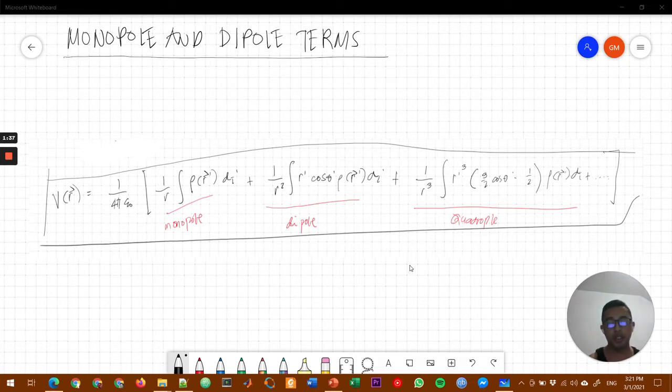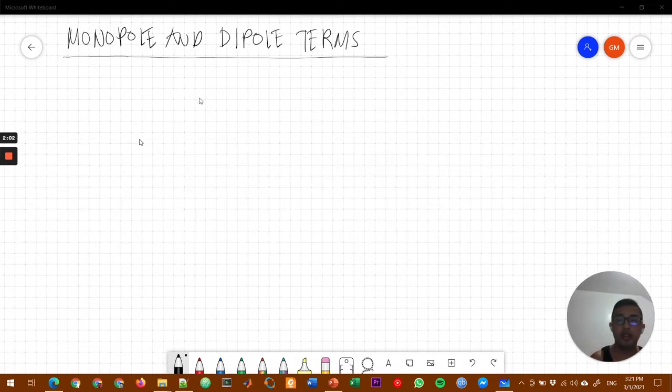So in other words, you can actually have a very good approximation, so your potential becomes more accurate or close to the exact solution if you include those terms. Okay, so it's like approximating something in greater accuracy. Okay, so let's continue with our discussion on monopole and dipole terms, and I will be looking out unsa ka ang electric field for the monopole and dipole nga mga entities.